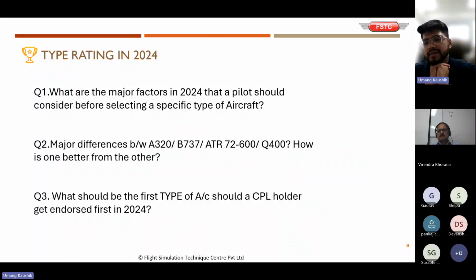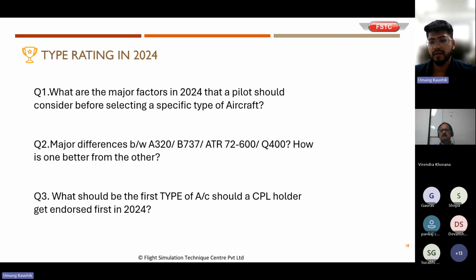You go to an airline with just your CPL, blank slate, right? Now will they give you an option? Which type rating do you have to do? Do you think they will give you an option? Or is it on the demand that they have?